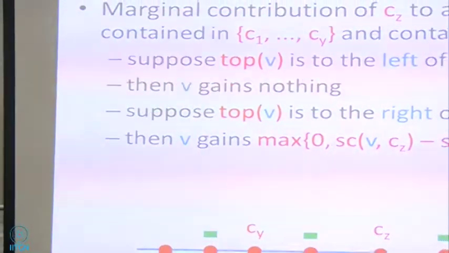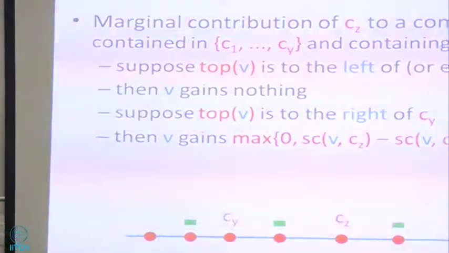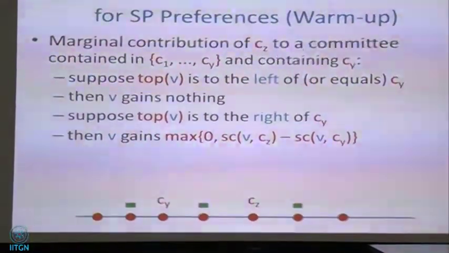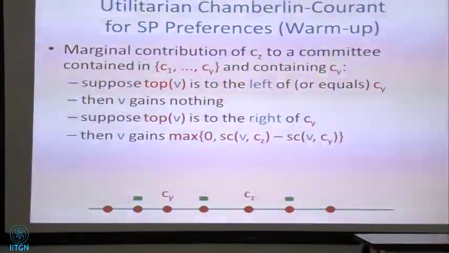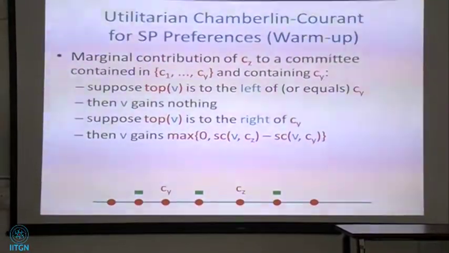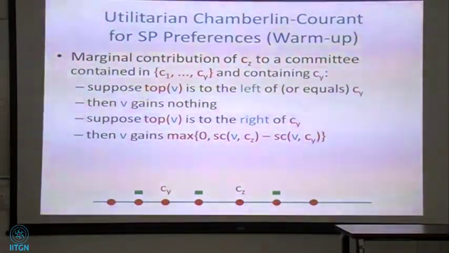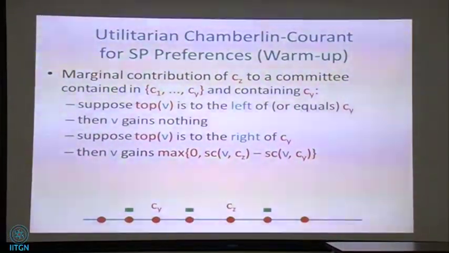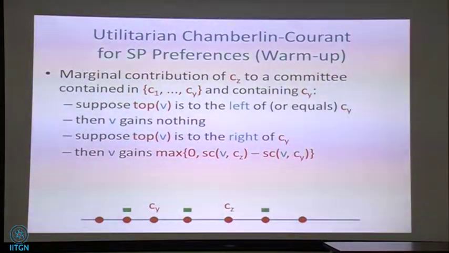So V's gain from adding CZ to the committee is the maximum of two cases. Either he likes Z more than Y, and then adding CZ contributes the difference between the scores of those two, or he prefers Y to Z, in which case this difference is negative and he doesn't actually lose anything.